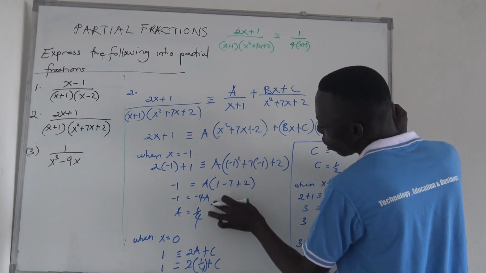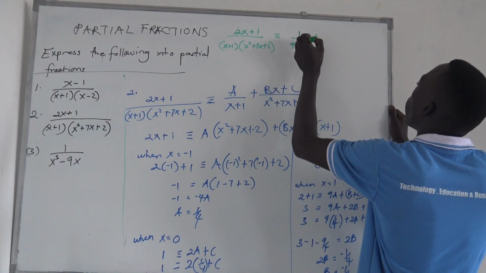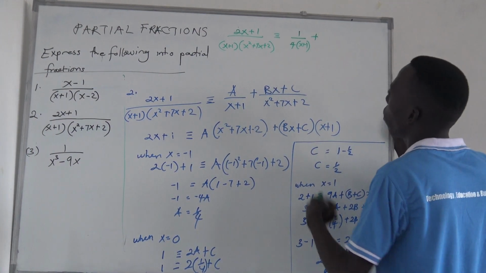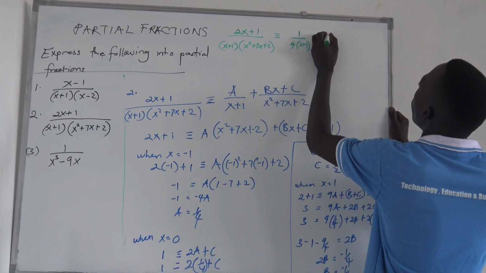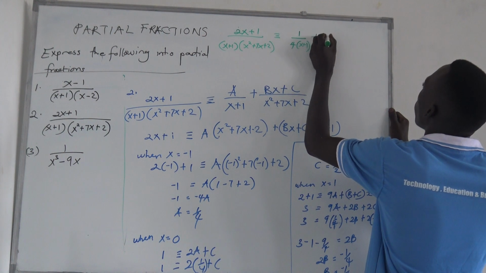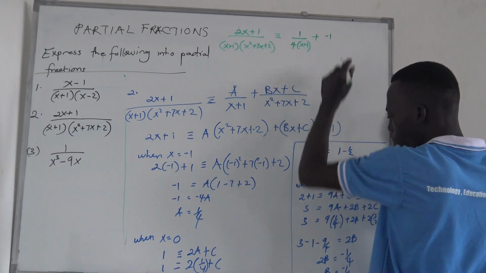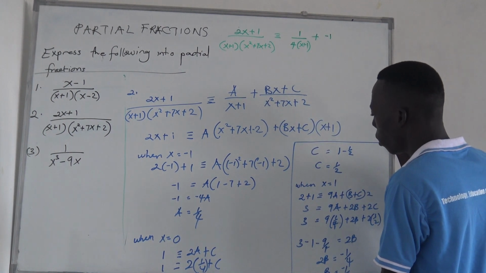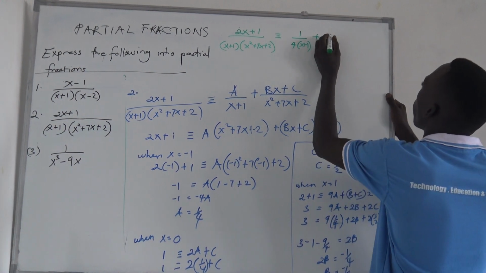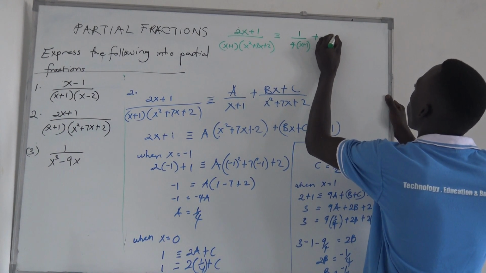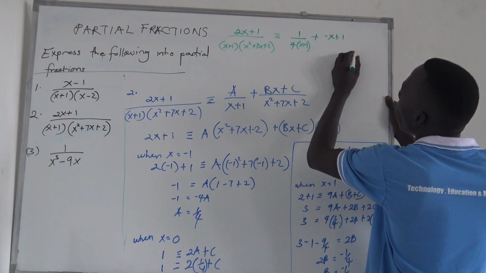Then also we say the b, so it is here plus. Since b we have got negative, we also write it in terms of the negative. So it is negative, so b is negative 1 out of, this one is out of 8, and this one is out of 2. So negative x plus 1 out of.